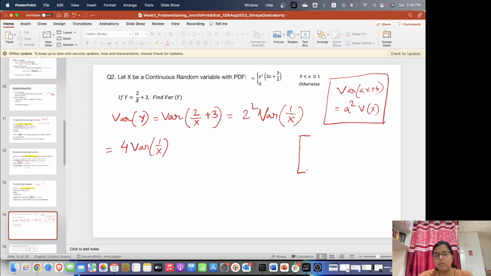Now we are going to use the formula for variance. Variance of x means expectation of x minus mu square, or in other words we can write expectation of x square minus expectation of x whole square.